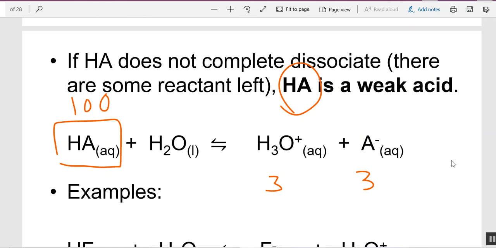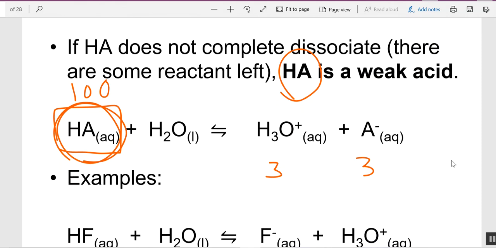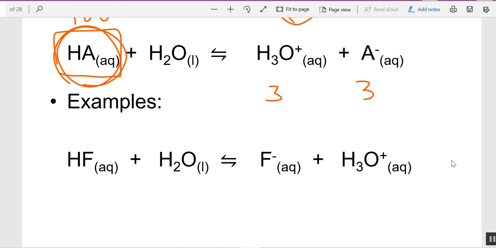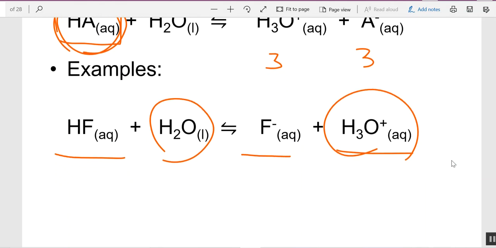So we say that the percent of ionization is like 3%. So mainly the molecule will exist in this original molecule, which is HA. Okay. Some examples of the weak acid include hydrofluoric acid. Okay, so this goes into water, produces a conjugate base, and then because water acts as a base, this is the conjugate acid. Okay.